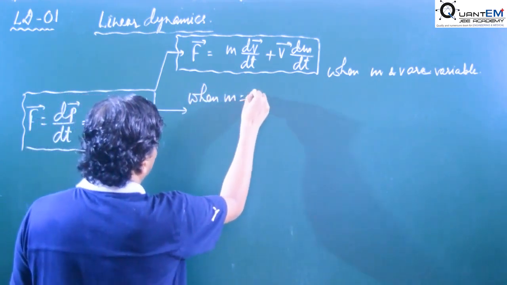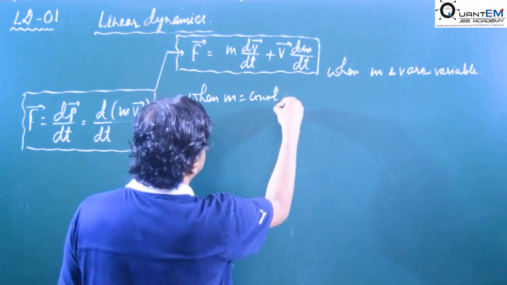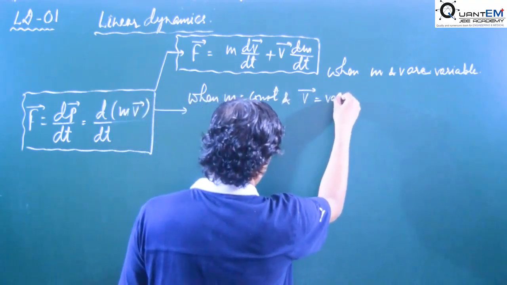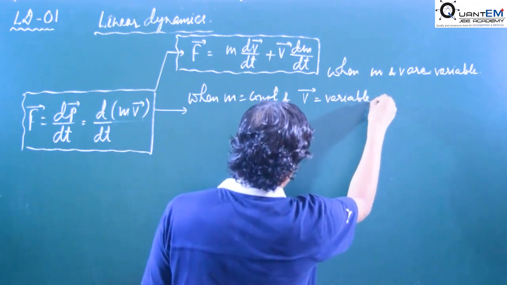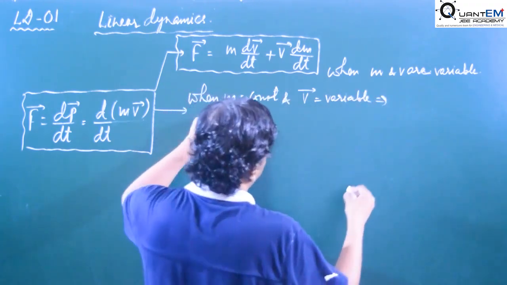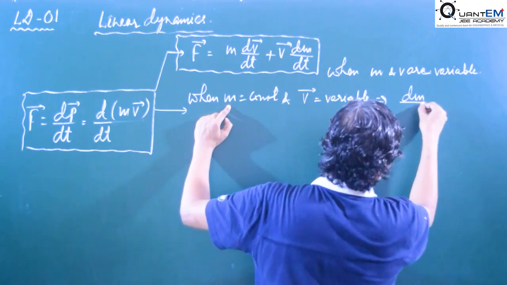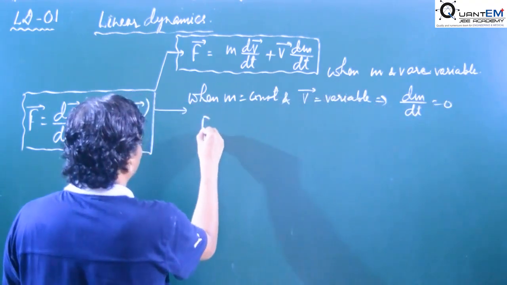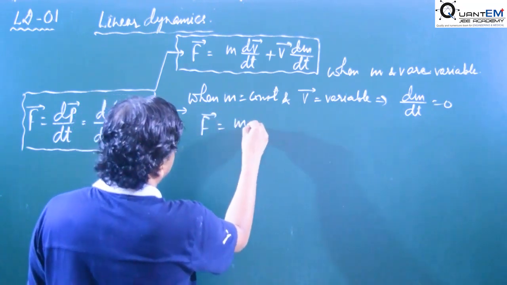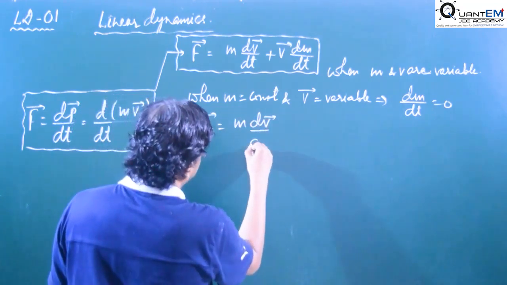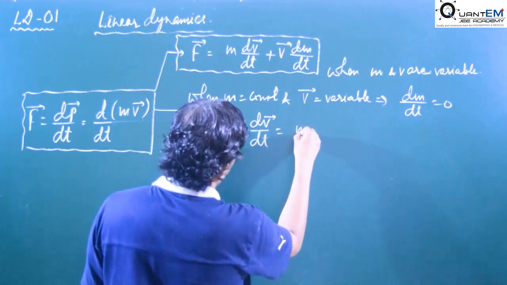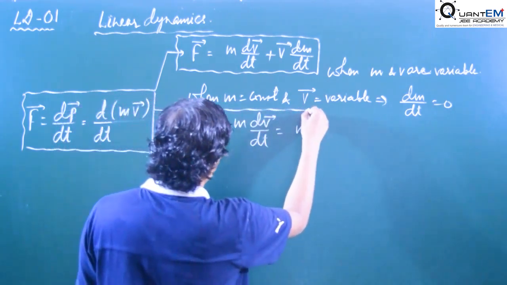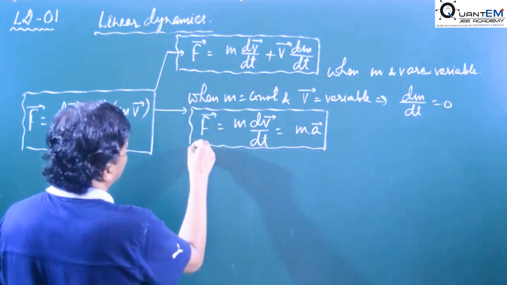When mass is constant and velocity is variable, it implies that the rate of change in mass will be 0. In that case the force formula will be m dv by dt, and dv by dt is also acceleration. So this formula is valid only if the mass is constant, okay.